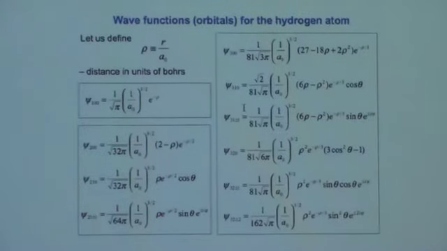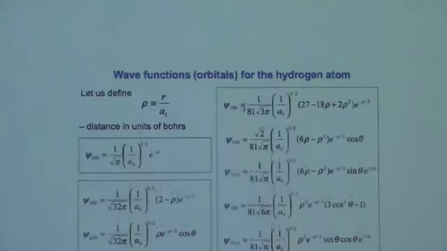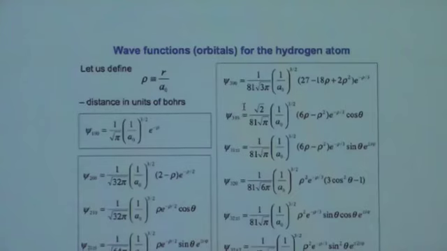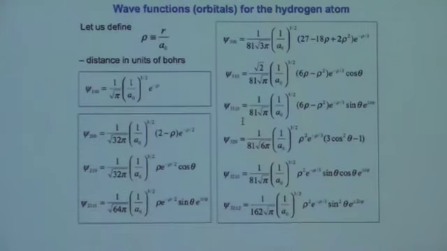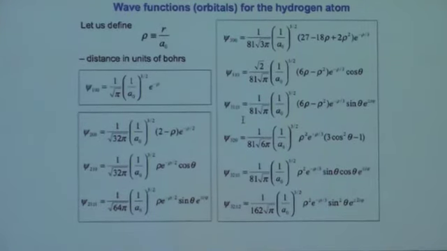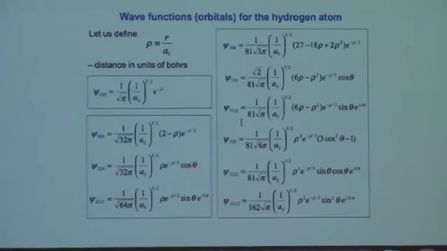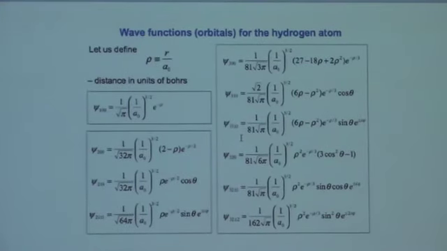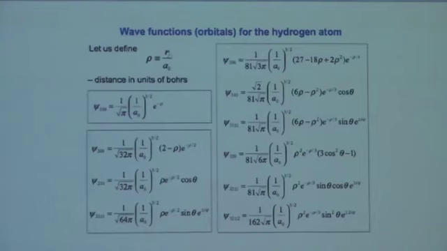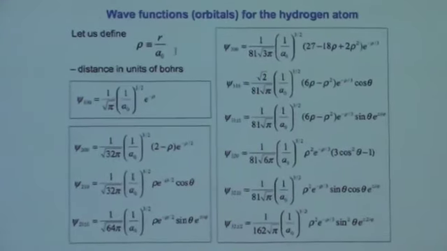Good. So there's a first table. What's this? Wave function for the hydrogen atom. That's how they look. This one is the s orbital. As you can notice, they all have this rho, a distance defined as r divided by a0.